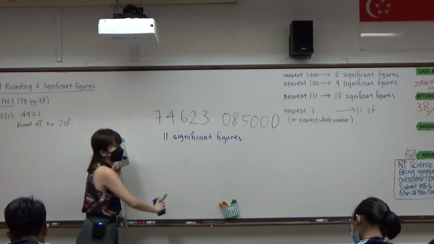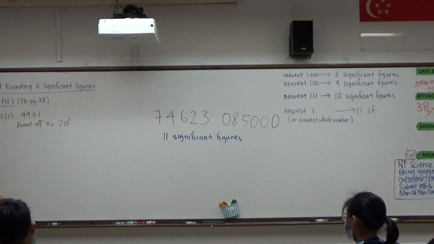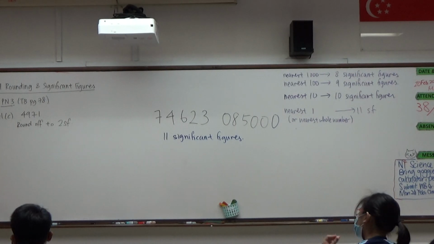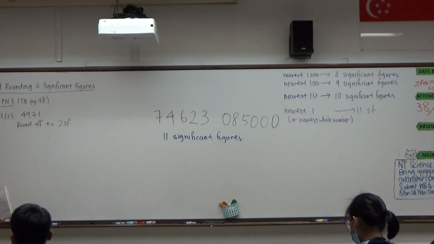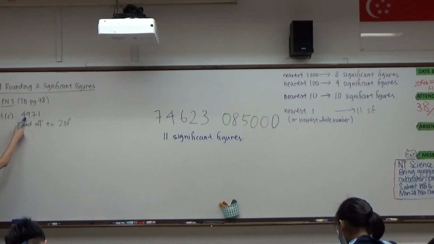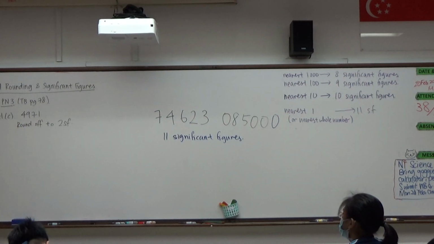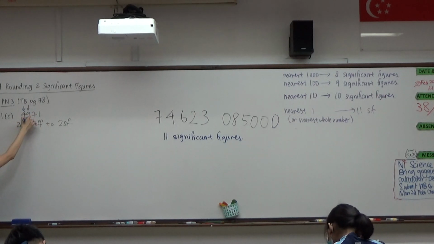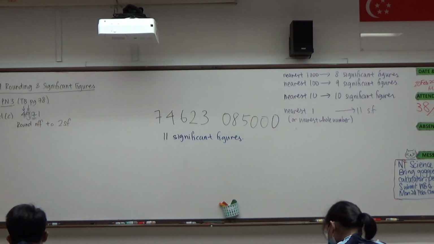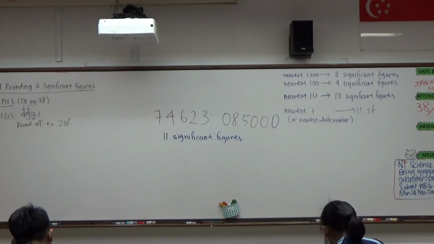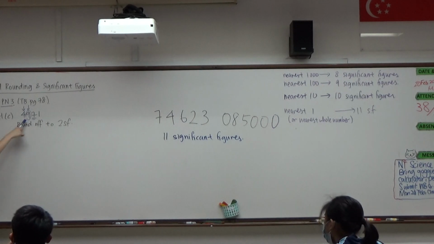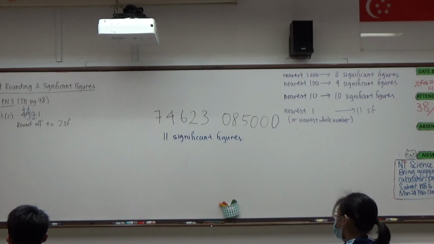So we have the number 4971. 2 will mean that I only want my 4, I only want the 9. So that means that we stop over here, we look at the number on the right. 7 will cause our 9 to round down or round up. Round up, right? So that means that our 9 will be rounded up into 10.